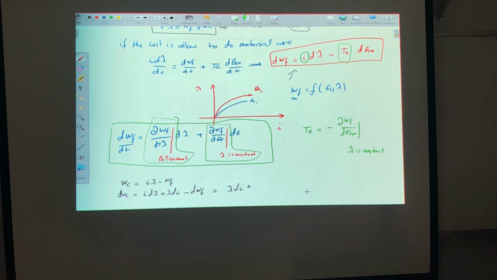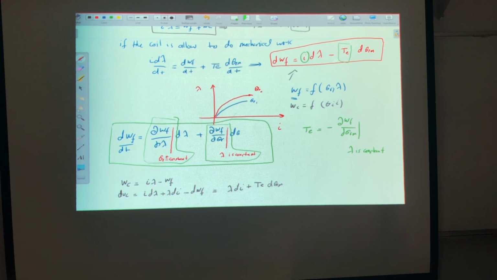Plus T d theta rm. So the same thing, if I recall back here, omega c actually is a function of what and what? Theta and i. So from here also, I can say that omega c is a function of theta and i.